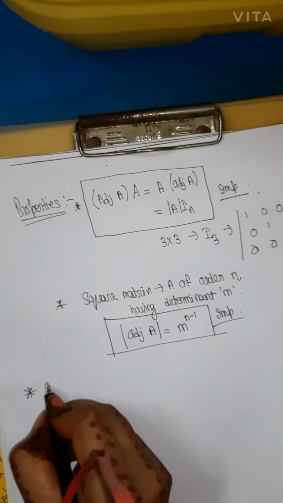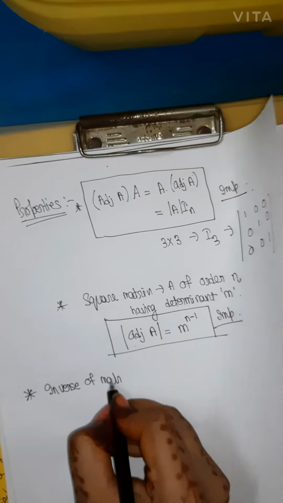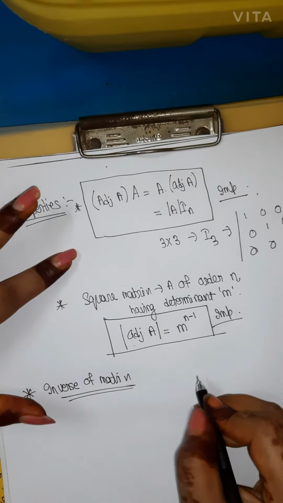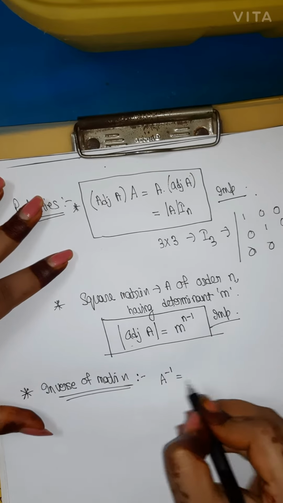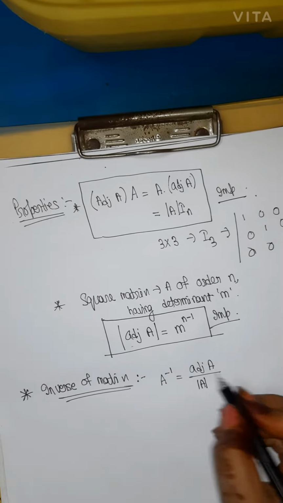Now we will discuss inverse of matrix. So now we have discussed adjoint of a matrix. So A inverse will be equal to simply adjoint A by determinant of A. This is the inverse of matrix.